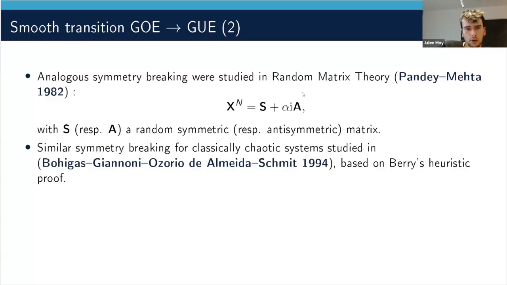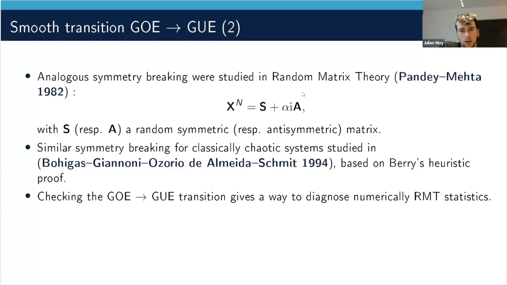What I did was motivated by work of physicists, Bohigas, Giannoni, Ozoriode Almeida, and Schmit, in 1994, and they studied the similar symmetry breaking by adding some magnetic fields on some billiards, and they performed computations following the heuristics of Berry using a diagonal approximation. And they also identified a continuous transition between GOE and GUE.